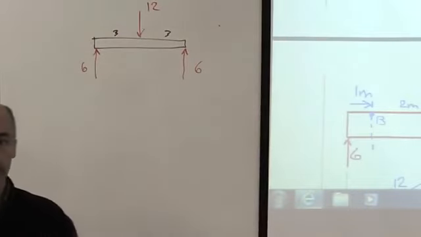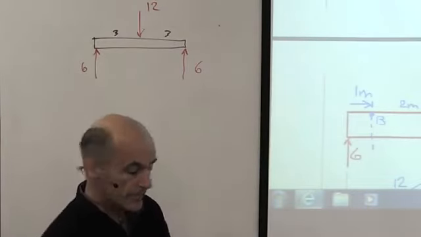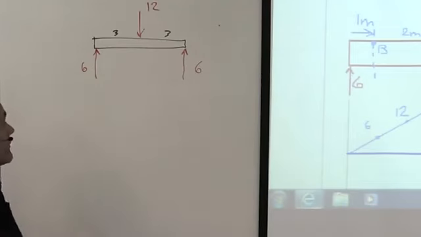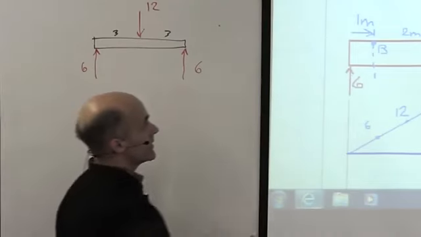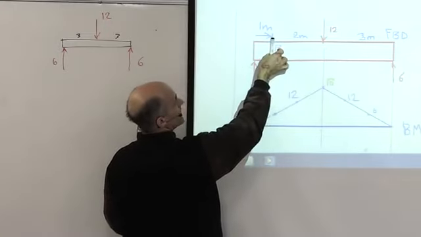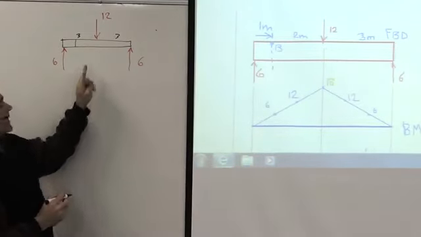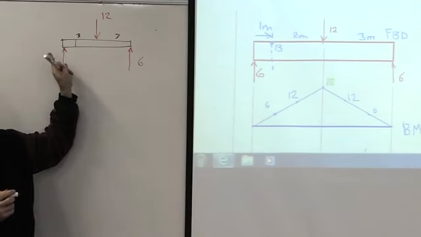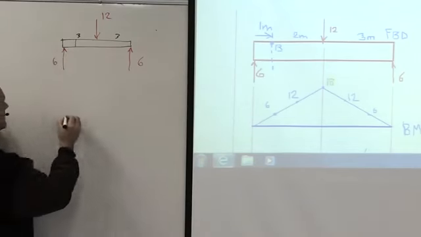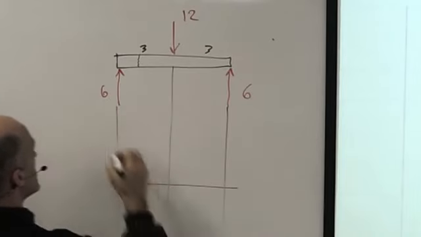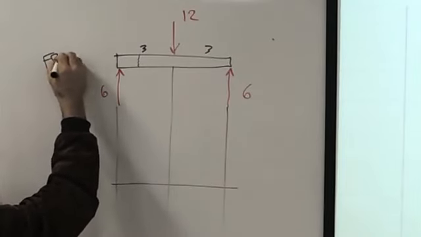This time I'm going to plot the bending moment all the way along the beam. Now, we've done this already in this diagram by taking cross-sections every metre along the beam. If I was to cut the beam 1 metre along, just here, then the bending moment on the left-hand side is 6 times 1, which would be 6. So if I was to plot bending moment here, this is my free body diagram.